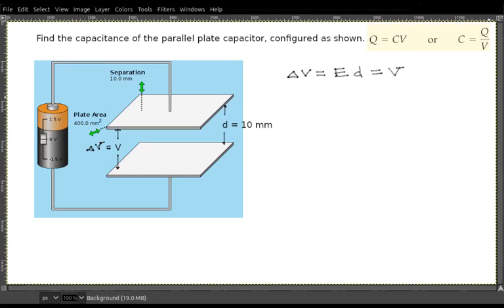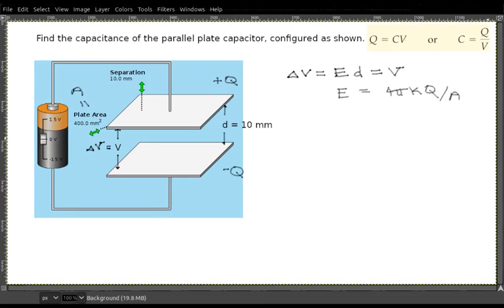Well, we see the distance D is given as 10 millimeters, so we've got that. What about the electric field? We were given that before as 4 pi K Q over A, where Q is the charge.